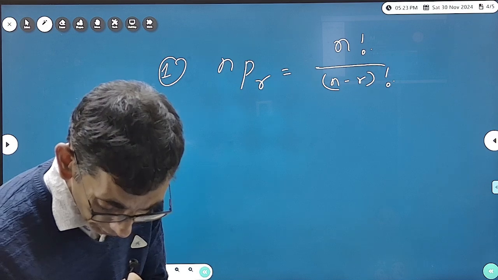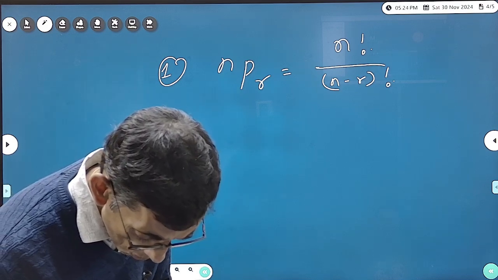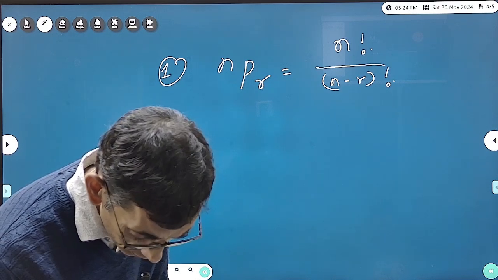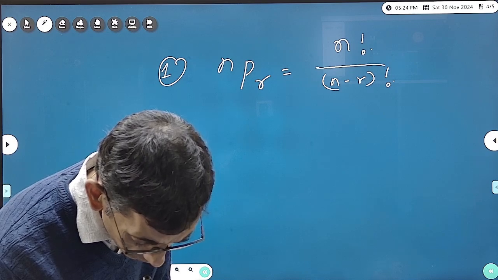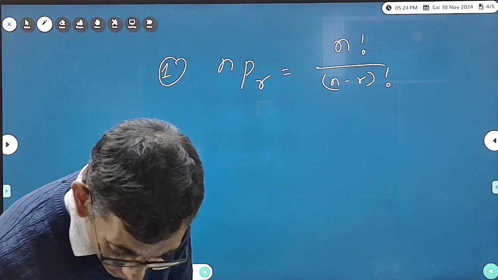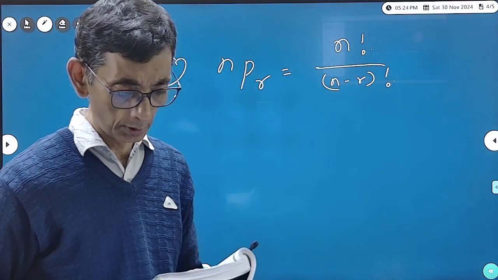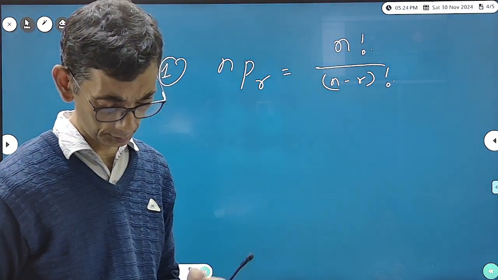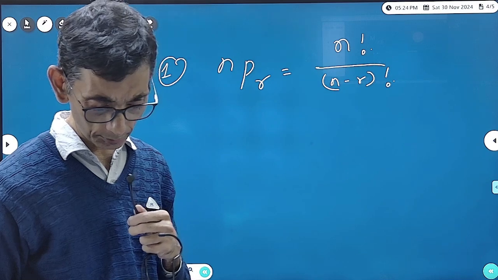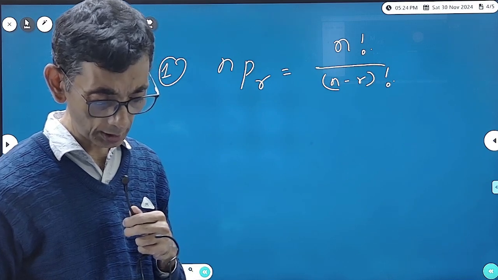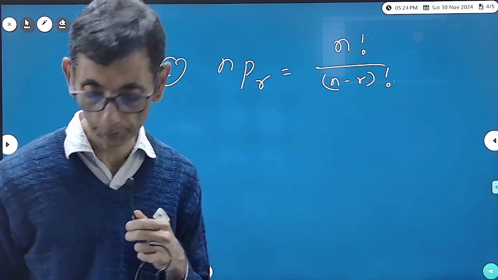So let's try one question. Illustration 57.